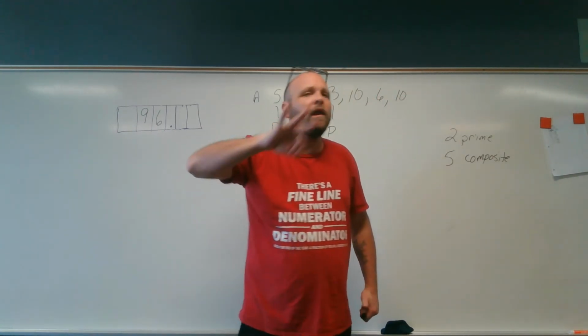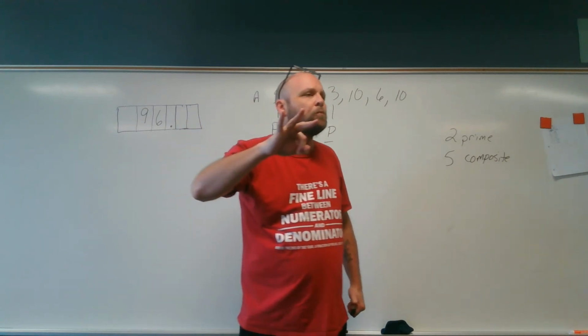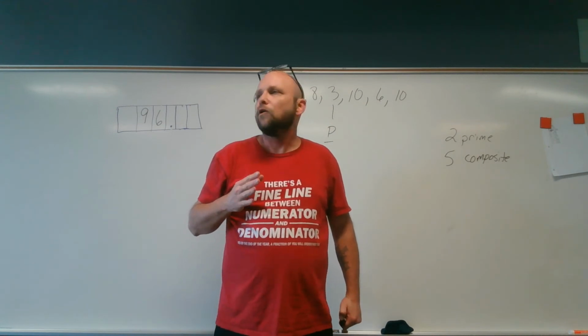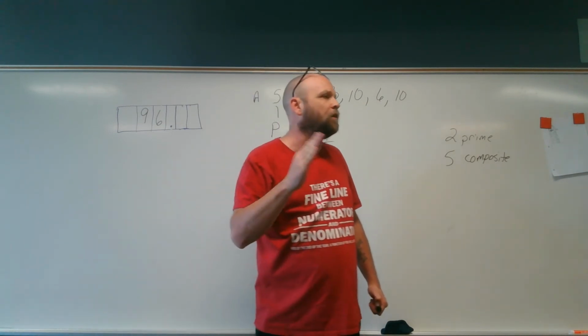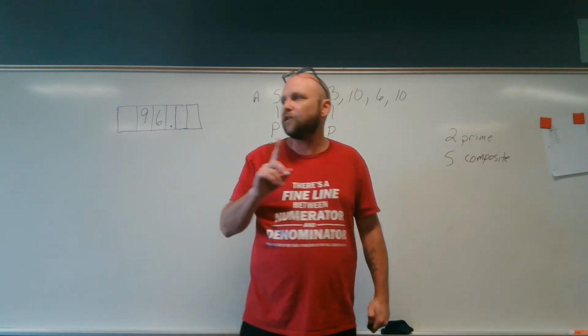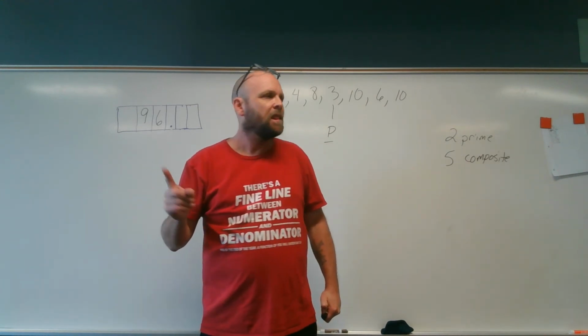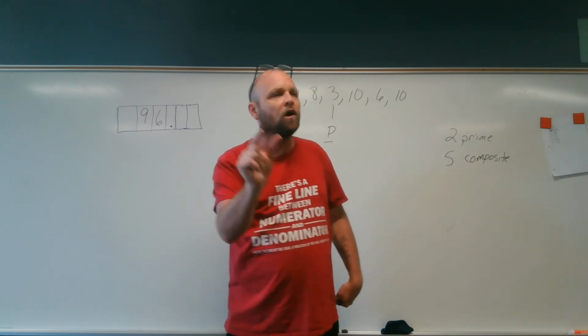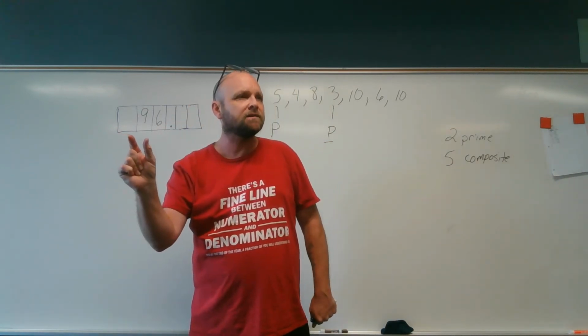3 is a prime number. Anything that is a multiple of 3 is not prime, which means if I took the number 51, 51 is a multiple of 3. I can tell that because I can add 5 plus 1, which gives me 6.